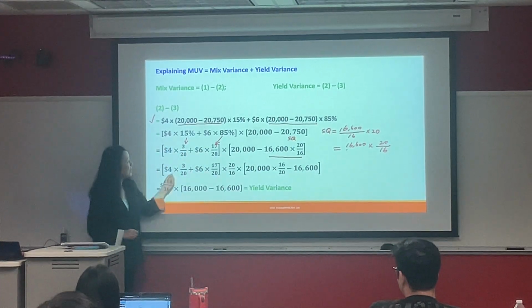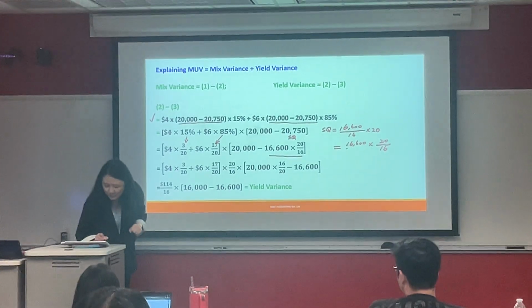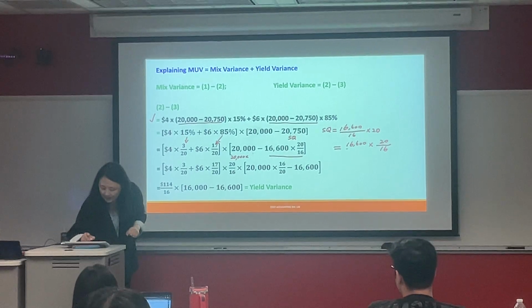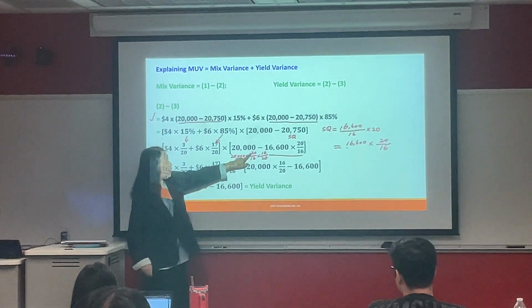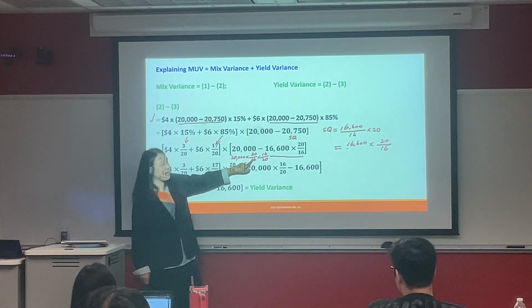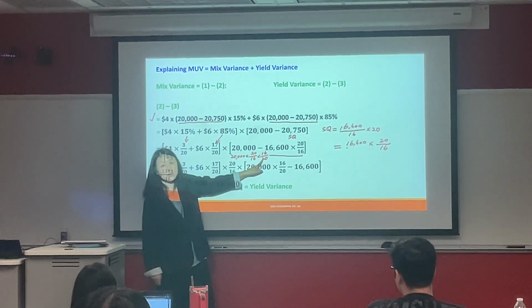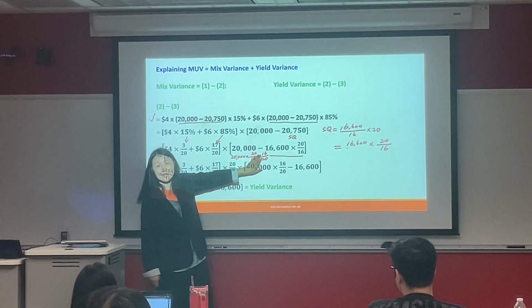All right, so now the next thing is a little bit tricky. What you need to do is, how do I get the 20,000? I'm going to have 20 over 16 and 16 over 20, all right? Now, if I multiply 20 over 16 and then multiply 16 over 20, because 20, 20 cancel out, 16, 16 cancel out, this is still 1, correct?